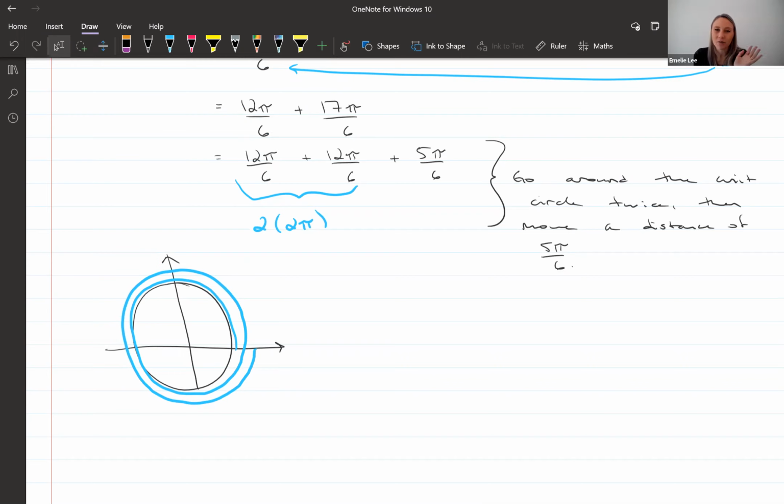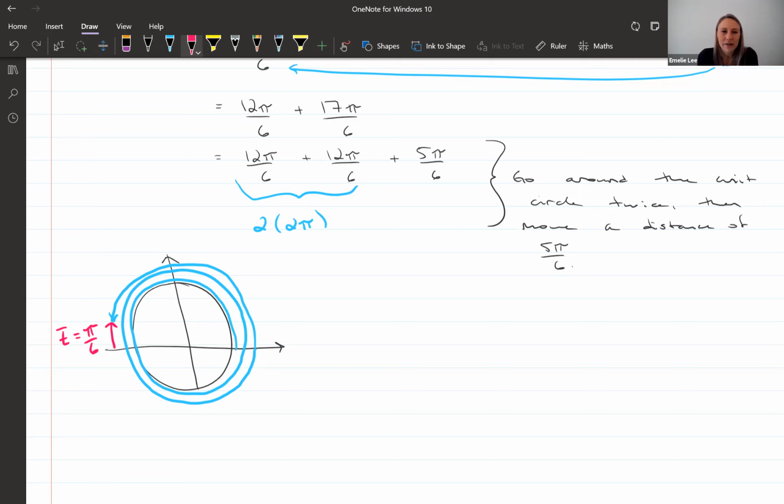So I just need to move a distance of 1/6. So it looks like maybe to there. So then my t bar, my reference number, is going to be pi over 6, right? That's all I need to move in addition to 5 pi over 6 to get to that negative x-axis.